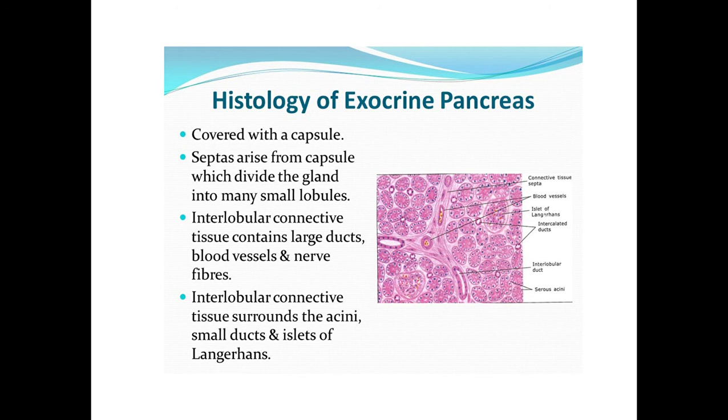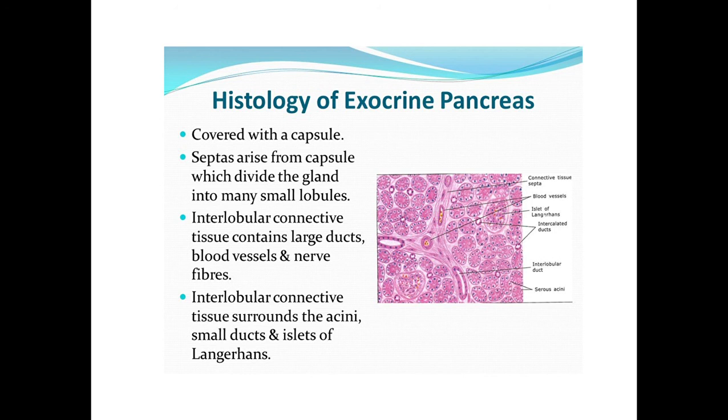The exocrine pancreas is covered with a capsule, from which arise septa that divide the gland into small lobules. The interlobular tissue is made up of connective tissue, which contains large ducts, blood vessels, and nerve fibers.